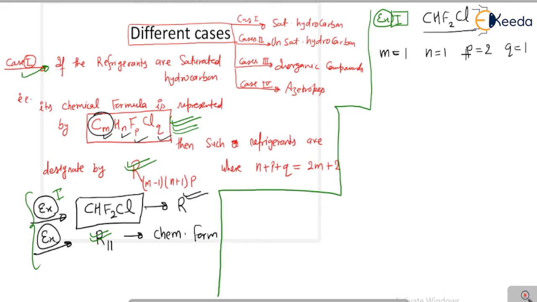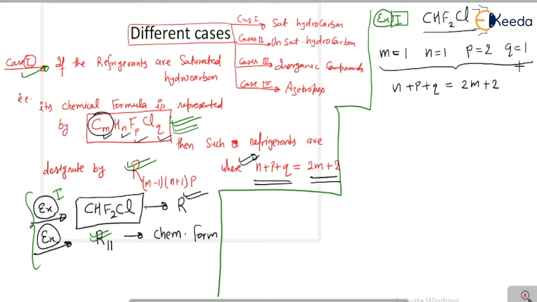Let's check by this standard equation. Our equation says that n plus p plus q is equal to 2m plus 2.